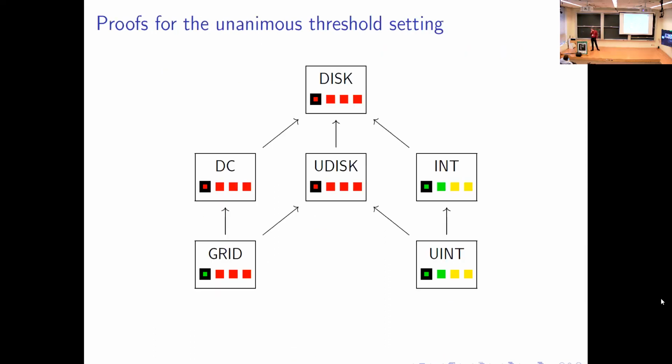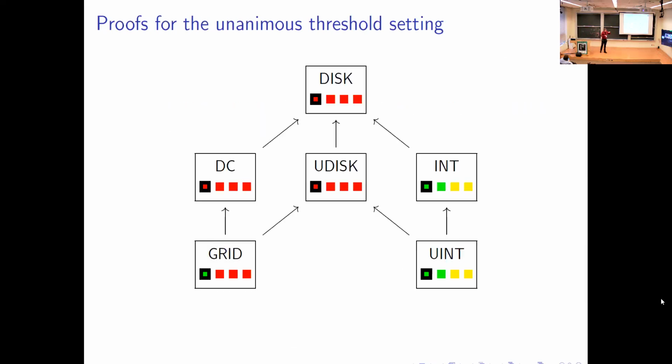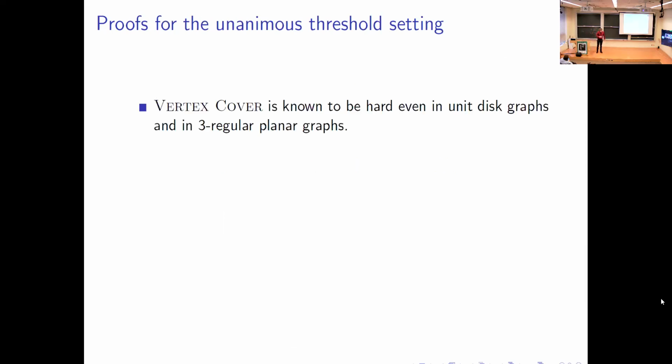Okay, so for the proofs, let's start with the simple proofs. The anonymous thresholds. Just to recall, the anonymous threshold setting is basically the vertex cover. So here it's not that interesting because it's just the vertex cover, which is pretty well known on these classes. So let's just recap what is known. Vertex cover is known to be hard even in unit-disk graphs and in planar graphs.